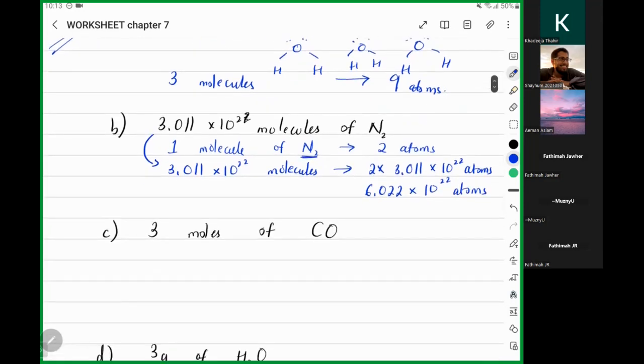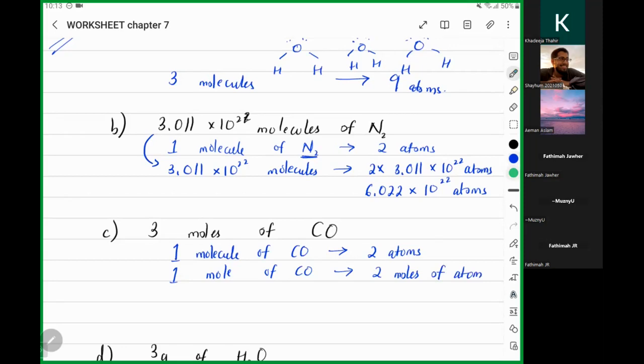Next one, 3 moles of CO. So again, one molecule of CO has 2 atoms. Do you agree? Yeah, 1 mole of CO has 2 moles of atoms because there's carbon and oxygen.